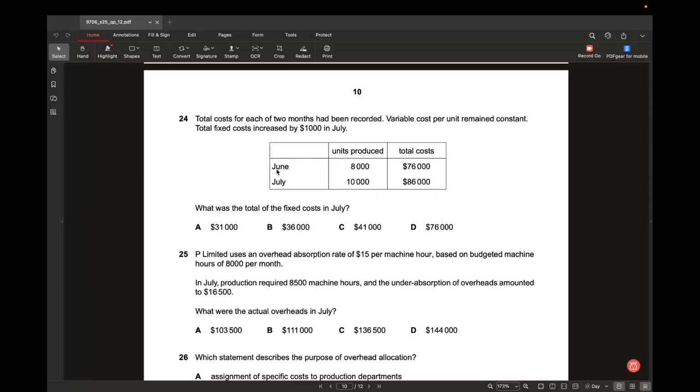And here they mention that in June we are making 8,000 units, in July 10,000 units. Total cost, which includes fixed cost and variable cost, is 76,000 in June and 86,000 in July. So what is the total of the fixed cost in July? We need to know how much is my total fixed cost in July.